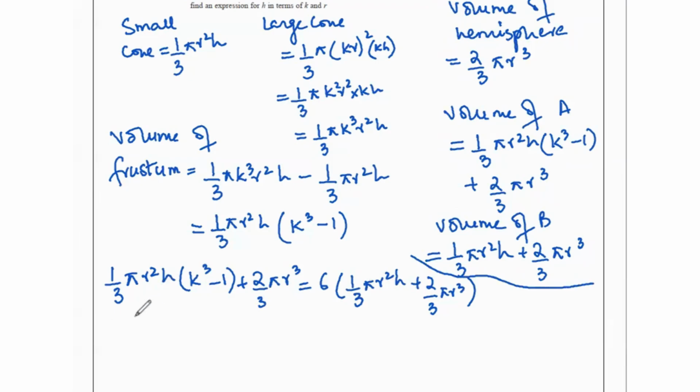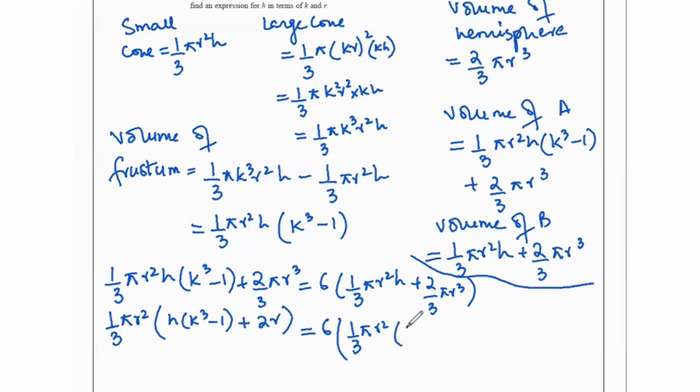So we can take 1 over 3 pi r squared common. So that's h times k cubed minus 1 plus 2r over here. And again, take 1 over 3 pi r squared common.